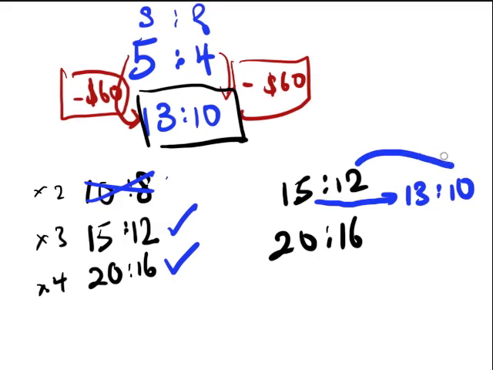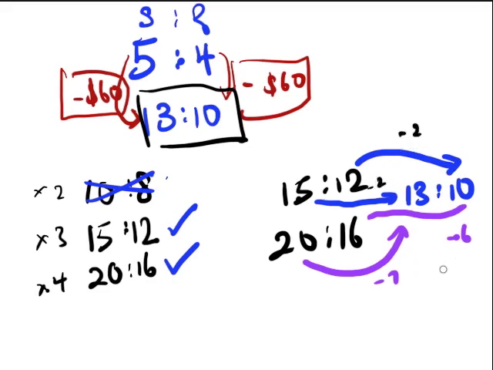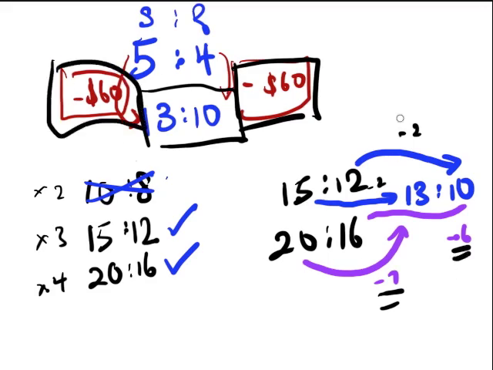From 12 to 10, we minus by 2. So that's interesting. And for 20:16, from 20 to 13, we minus by 7. From 16 to 10, we minus by 6. So what do you see? Minus 2, minus 2, minus 7, minus 6. How can $60 be a different amount at two different times? $60 should be the same. So therefore our original ratio was 15:12.